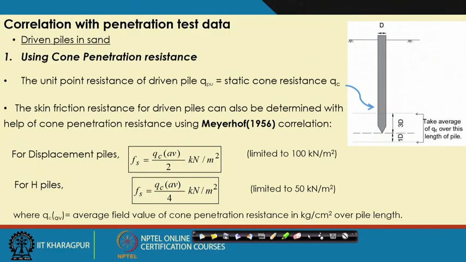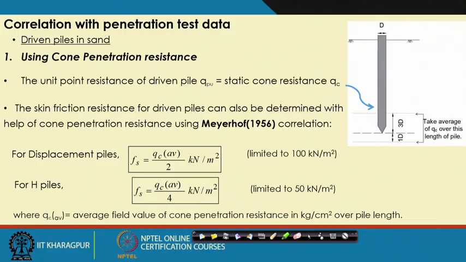So, the first one is the correlation with the penetration test data, and we have discussed the standard penetration test SPT, the static cone penetration test, and the dynamic cone penetration test.